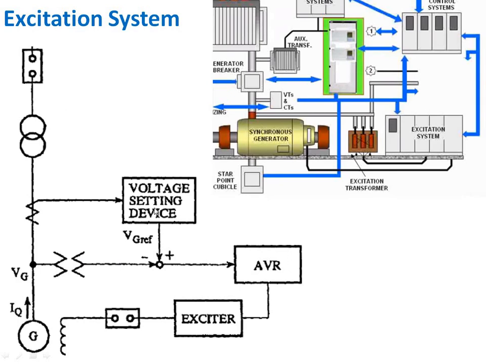From this IQ reactive current, the reference voltage is generated, and this reference voltage and this generator voltage are summed, which generates the error signal fed to the AVR, and accordingly this AVR will control the firing angle of the excitation system, and through this field circuit breaker it is given to the field winding of the generator.